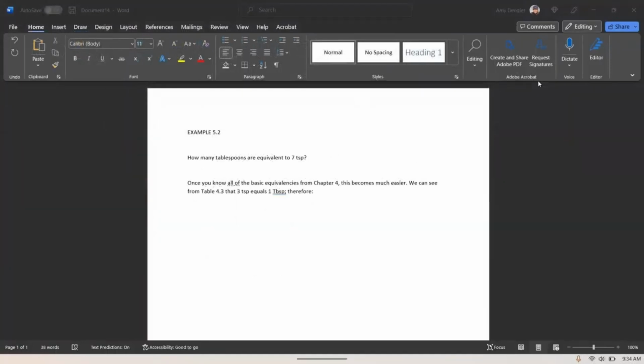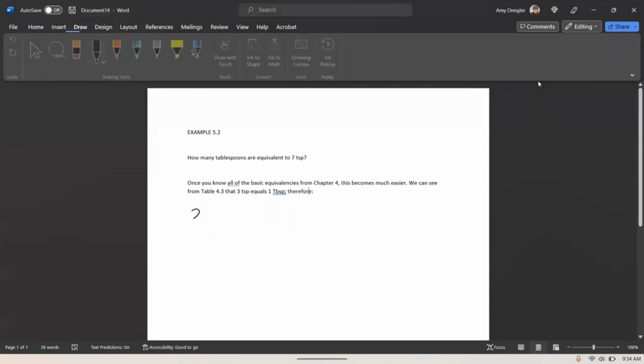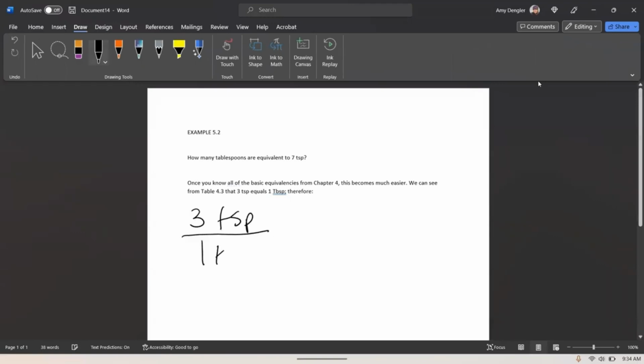How many tablespoons are equivalent to 7 teaspoons? Once you know all of the basic equivalencies from chapter 4, this becomes much easier. So we'll have a little sheet for you as well. We can see from table 4.3 that 3 teaspoons is equal to 1 tablespoon. So that's our conversion factor.